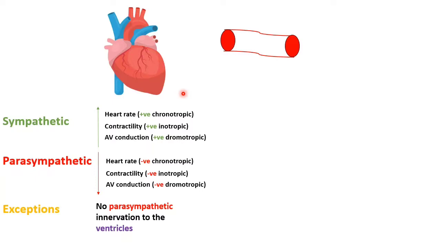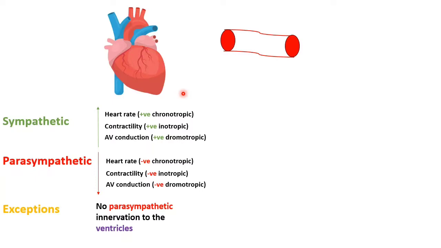So you need less blood supply to mucous membranes and GIT, and you need more blood supply to the skeletal muscles. Okay, and if you want to increase the blood supply, you dilate the blood vessels supplying this area. If you want to increase blood supply to skeletal muscles, you need to dilate the blood vessels supplying the skeletal muscles.